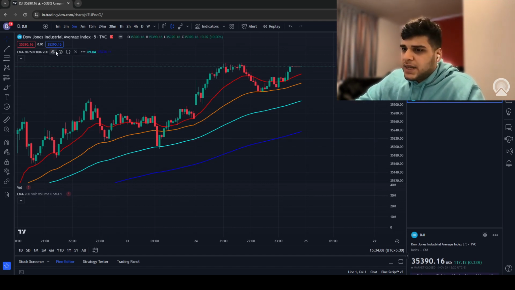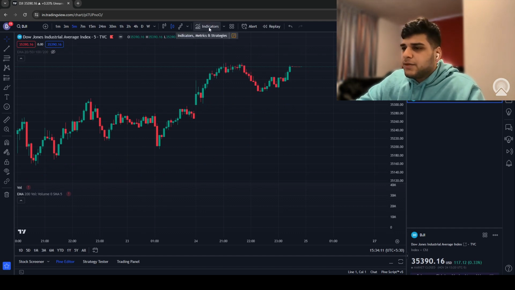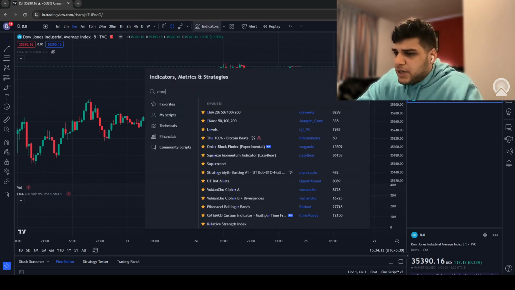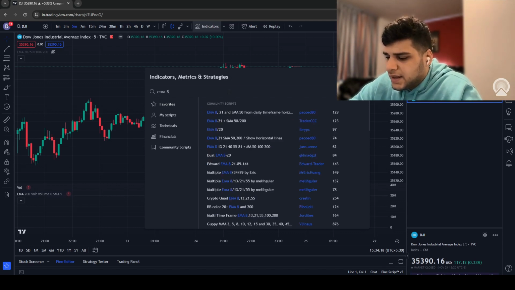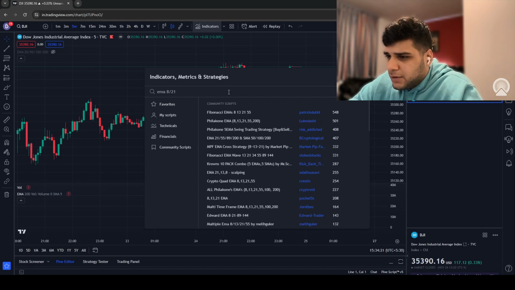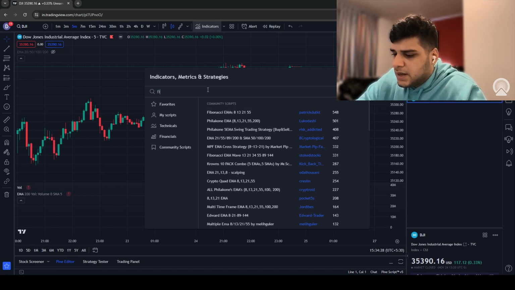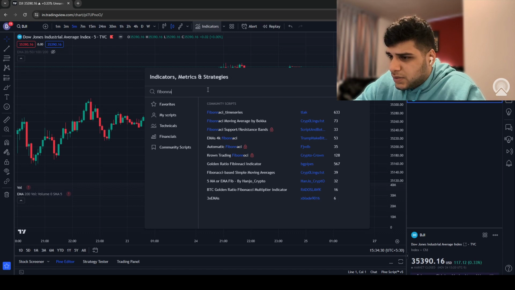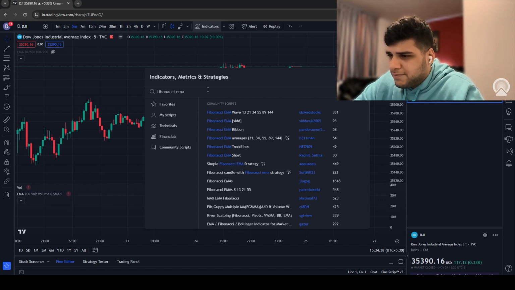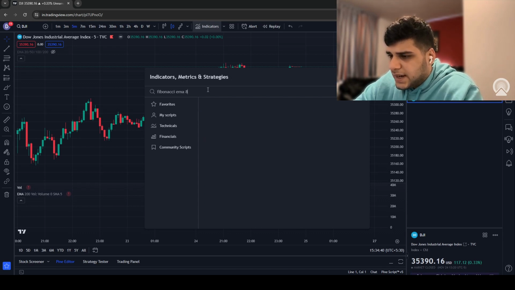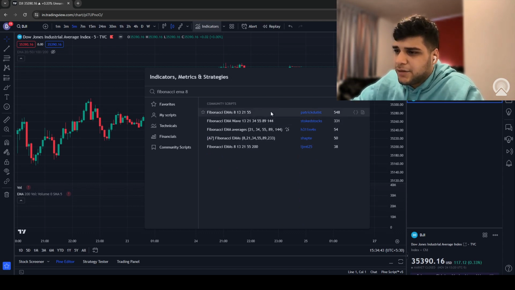What you could do is, let me just hide the 20, 50, 100, 200, type in EMA here again and type in 8, that 8 slash 21. There we go. You see this one, first one up here. So what you could do is type in Fibonacci EMA 8, 13, 21, 55.